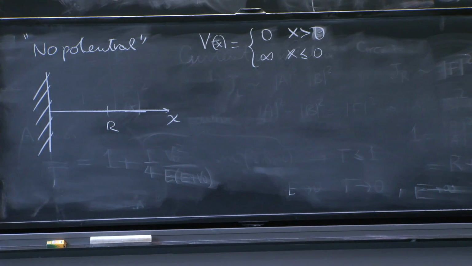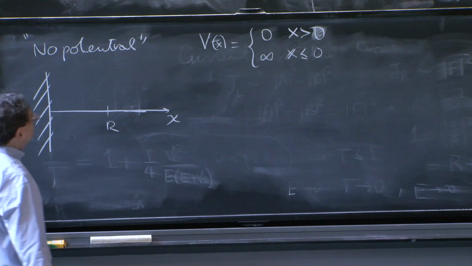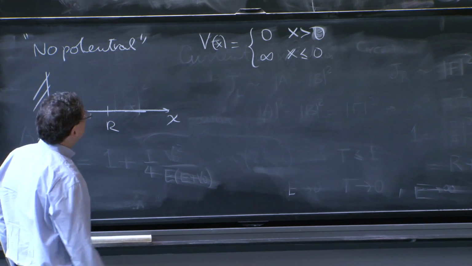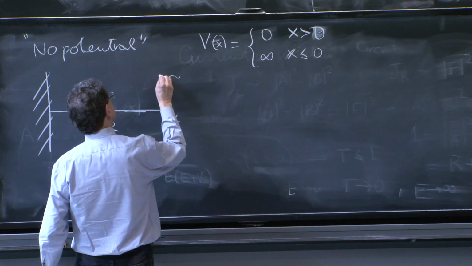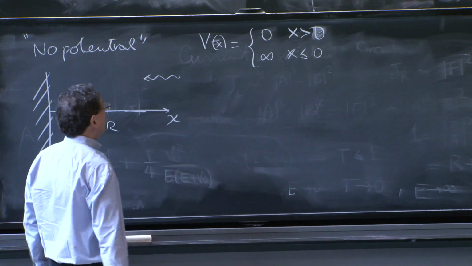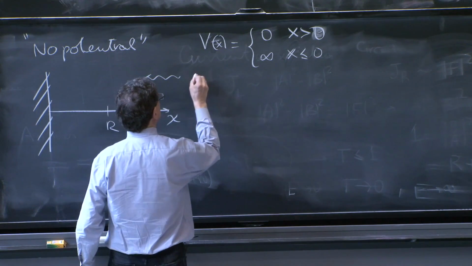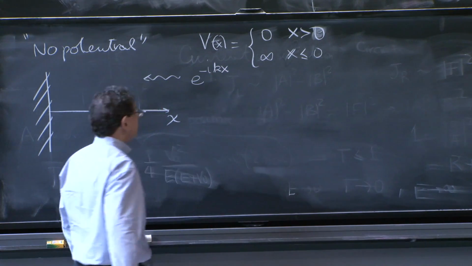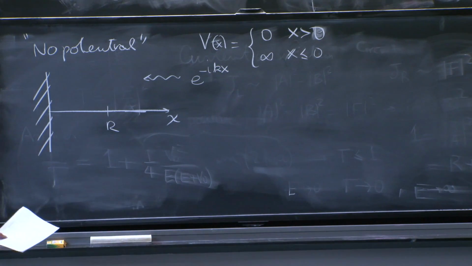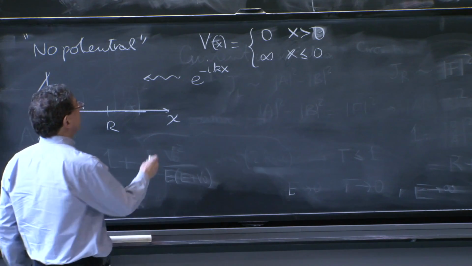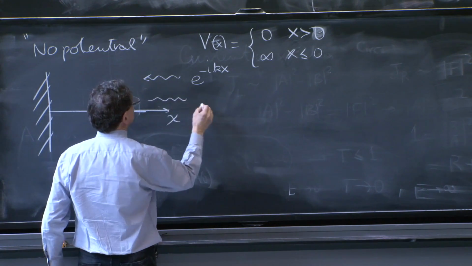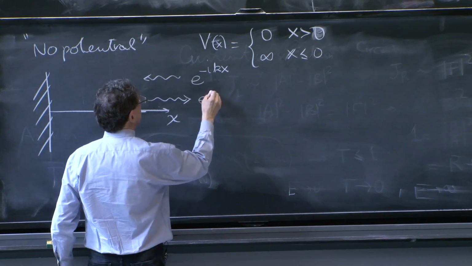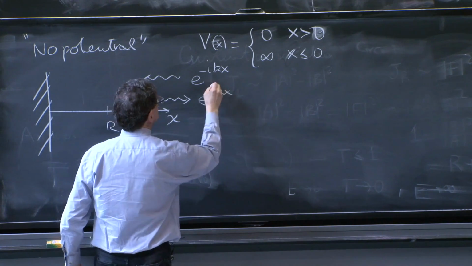In this case, let's assume we have an incident wave. An incident wave must be propagating in this way. So an incident wave is an e to the minus ikx. And if you have an outgoing wave, it would be some sort of e to the ikx.